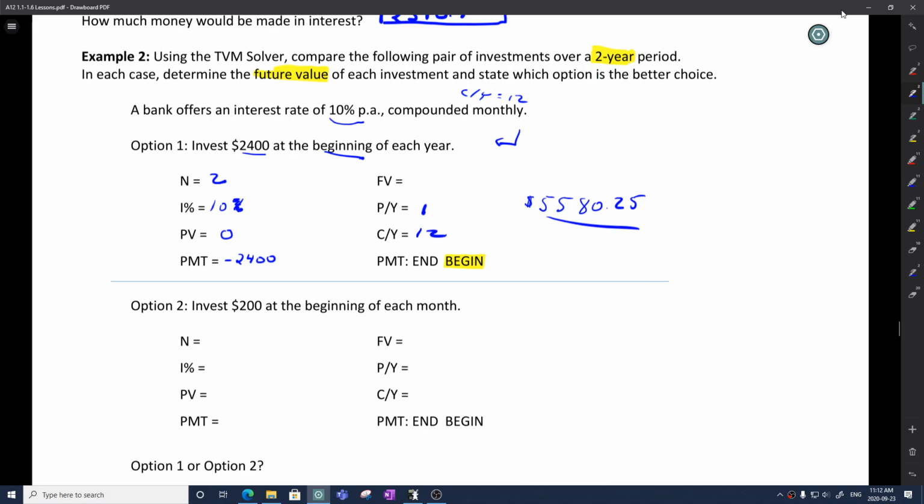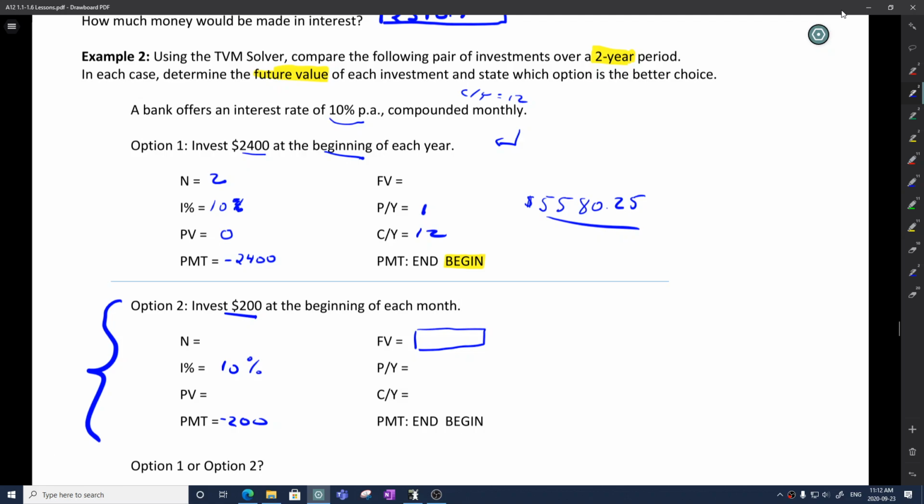Now let us do the next example. So we're going to option number 2. Now this is something different. My interest rate presumably is going to stay the same. So I'm going to invest $200. That means my payment is going to be negative $200, because it's money that's flowing away from me. My future value is what I'm going to calculate eventually. So let me pick this apart.